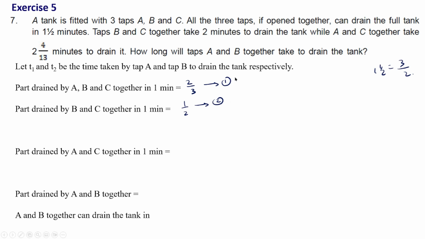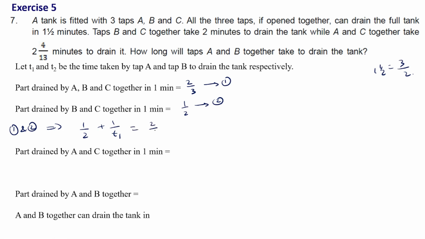So from 1 and 2 we can see that the part drained by A, B and C together in 1 minute will be half plus 1/T1, because we have taken T1 as the time taken by tap A to drain the tank. So the part drained by A, B and C together will be the part drained by A in 1 minute plus the part drained by B and C together in 1 minute, which is 1/T1 plus half.